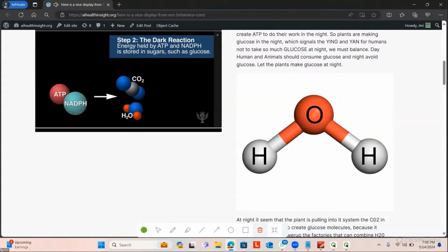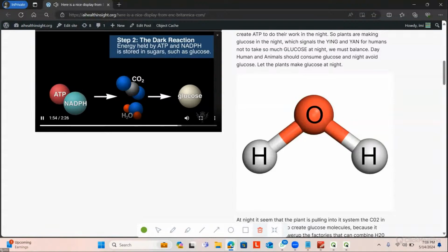The dark. So now in the night, it cannot have light. That has to be done in the night. So in the night, the energy of the plant, which is called the ATP, waits for carbon dioxide to come in. So we know that plants use carbon dioxide a lot in the night, and it's also using H2O.